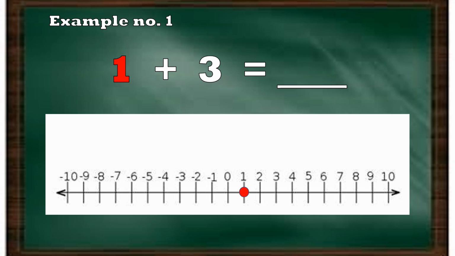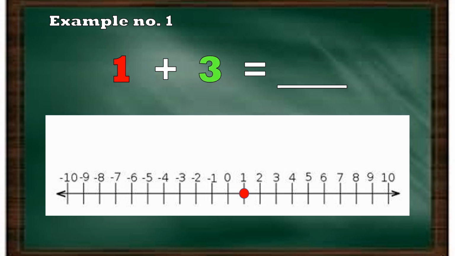Take note that we will use the first integer in the operation as the base on our number line. We will move to the next integer. In this case, the number 3 or the positive 3. We will use the second number in the operation as our reference as to how many times we will move from the base in the number line.